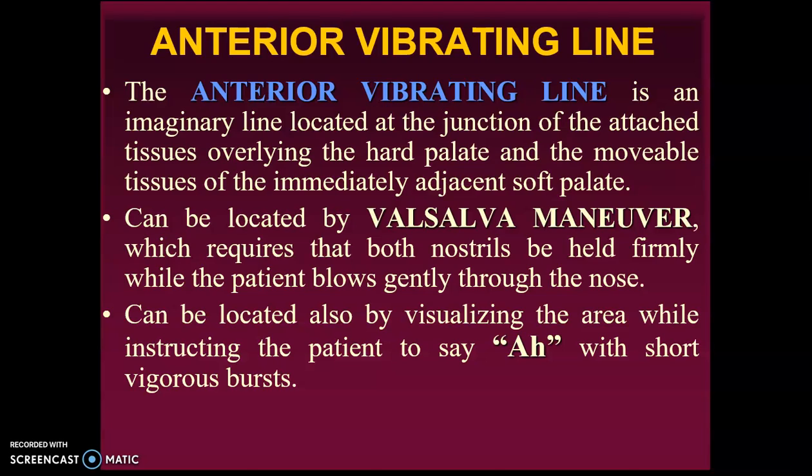Then ask the patient to tilt the head forward and downward at an approximate angulation of 45 degrees. Then ask the patient to blow through the nostrils, and at that time you should open and close the patient's nostrils. So this is one of the techniques for the AVL record, and you can also ask the patient to say ah with a short vigorous burst to record the anterior vibrating line.